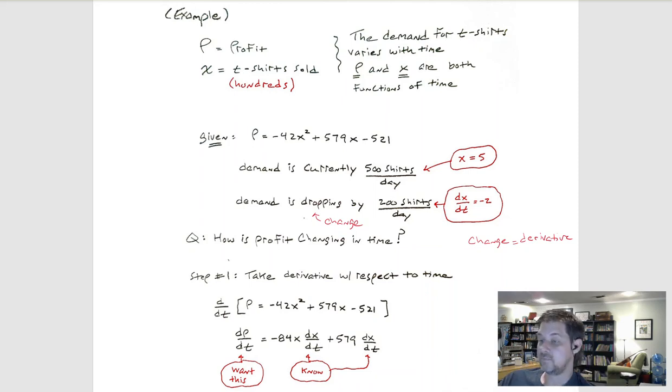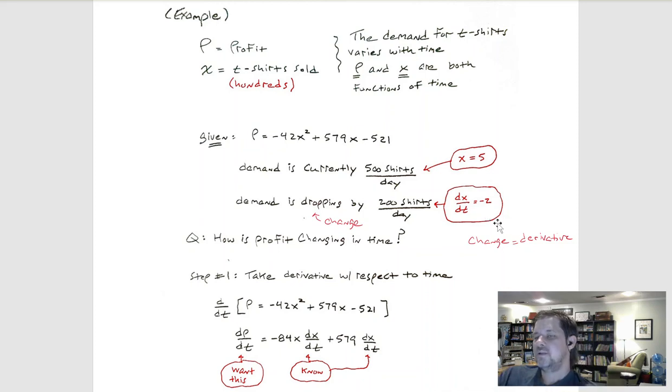It tells you how two variables are changing together. So when you tell me the demand is 500, you're telling me x is 5. When you tell me the demand is dropping, you're telling me about the derivative. You're telling me about the change. So that says dx over dt is negative 2. Okay? 2 from 200, the units being in hundreds. Why negative?